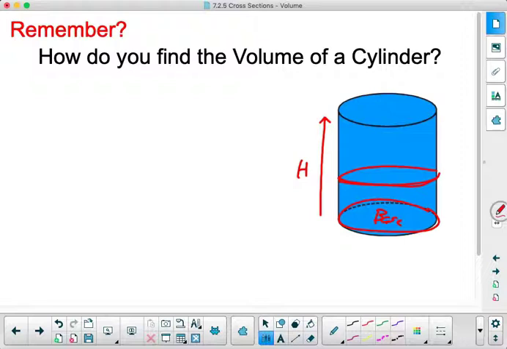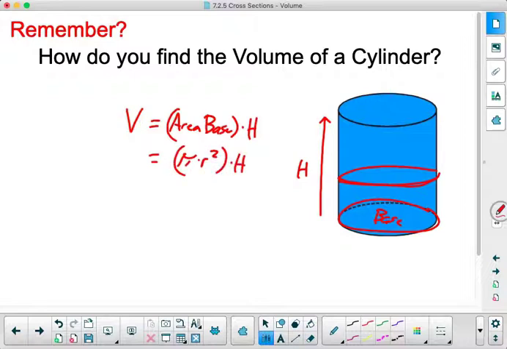So the volume of my cylinder is just the area of the base times height.